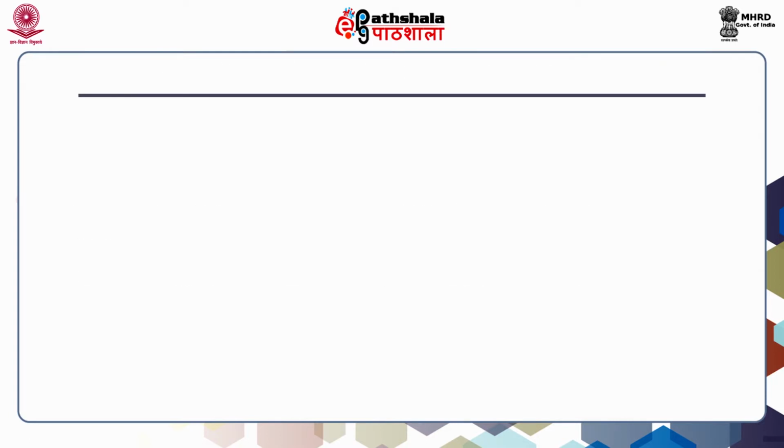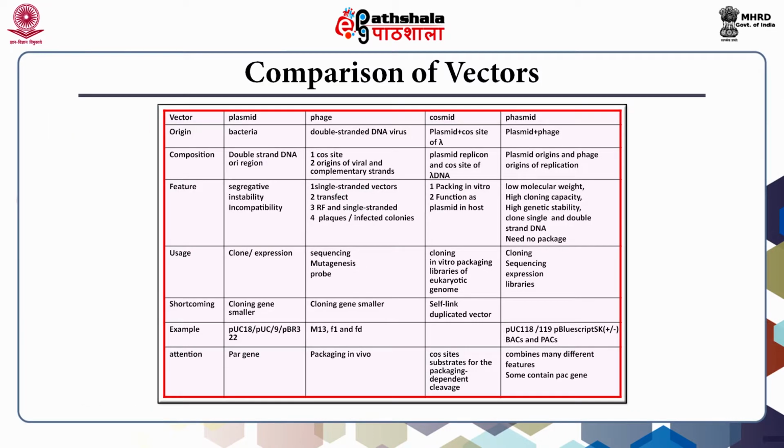In this slide, we have a snapshot of the comparison of vectors. The various vectors such as plasmids, phage, cosmids and phasmids are compared in terms of origin, composition, feature, usage, shortcoming, example and attention. For example, in terms of origin, the plasmid vector is derived from bacteria, phage is derived from double stranded DNA virus, cosmid is derived from plasmid plus the cos site of lambda phage, and phasmid is derived from plasmid and phage.